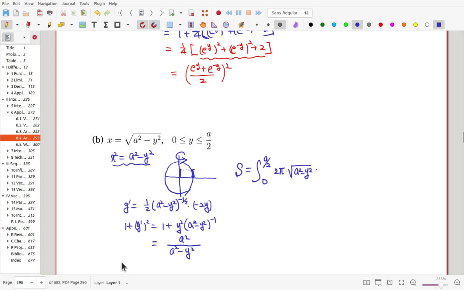And now the square root of this term is the same as here, okay, the top will be a and the bottom will be the square root of a squared minus y squared, so that we can cancel out these two. Of course, we have to have dy here, and 2 pi a is a constant, so that is the same as 2 pi a times the length, which is a over 2. Okay, so that's the final answer.